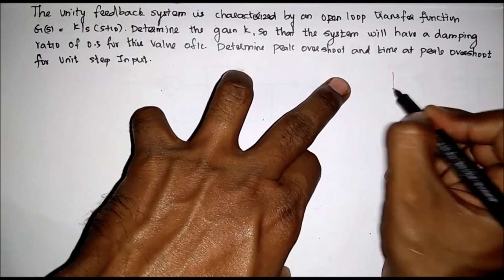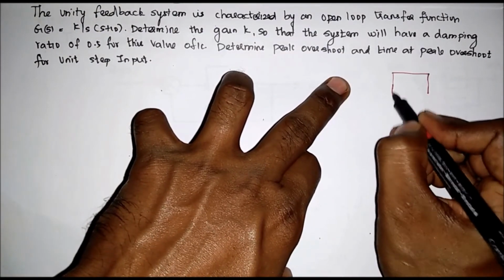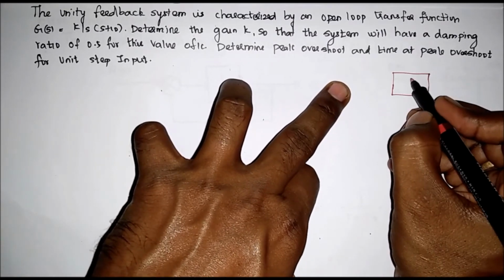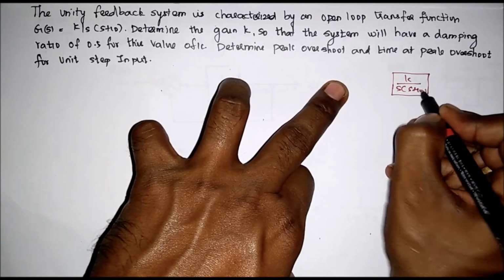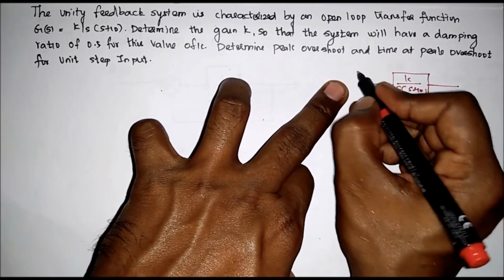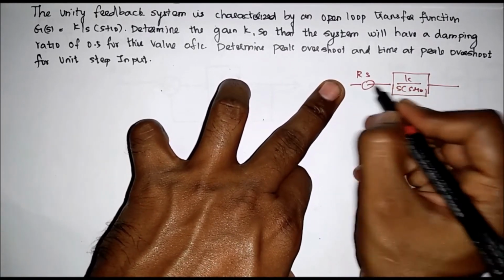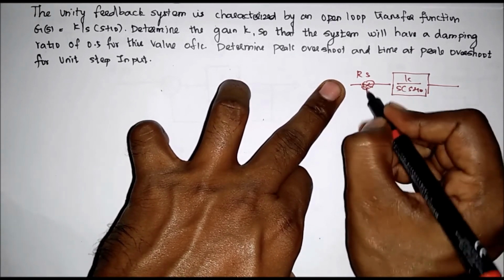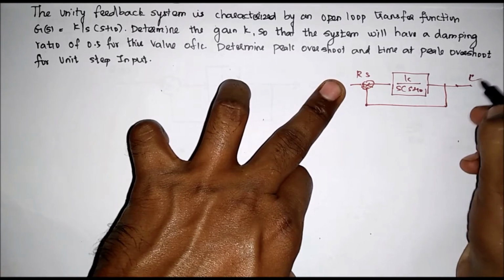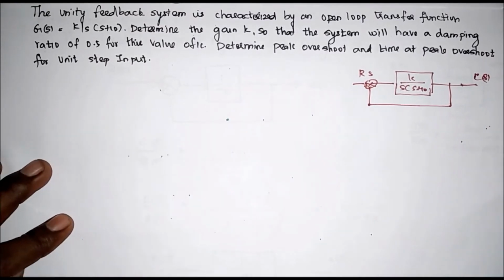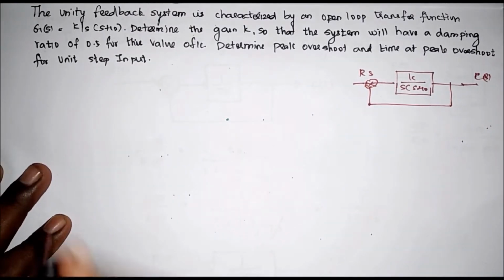The given problem consists of a unity feedback system with open loop gain K divided by s into (s plus 10). The input is R(s), the feedback is unity feedback, and the output is C(s). From this we have to find the closed loop transfer function.